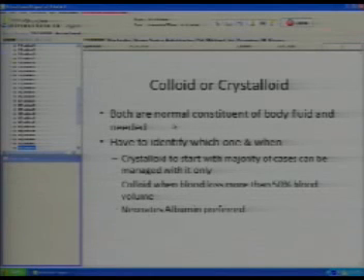Only you have to identify which one is needed when. Like in all the major cases, we can start with crystalloid, whereas in those children where blood loss is more than 50% of blood volume, you can start with colloid. In neonates, albumin 5% is preferred over synthetic colloids.